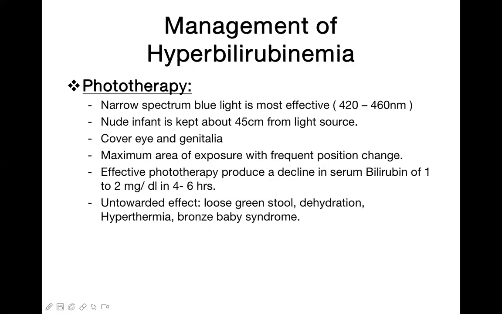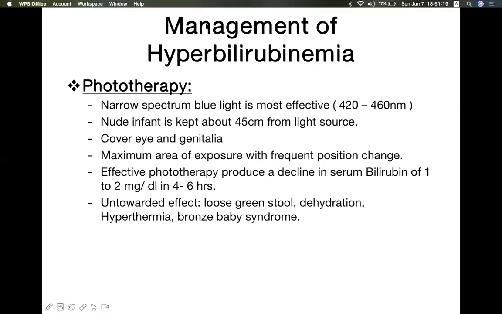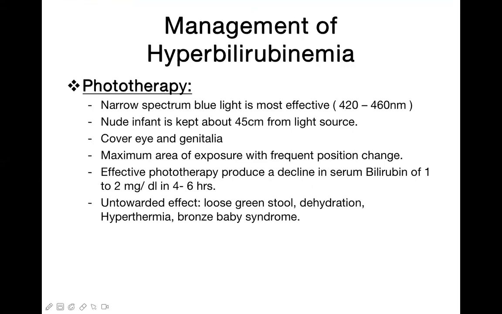Meanwhile, we need to measure whether our phototherapy is effective or not by sending total serum bilirubin to the lab. If it is declining by 1 to 2 milligram in 4 to 6 hours, that means you are doing a good job. The phototherapy is helping the baby. These are some of the important points.